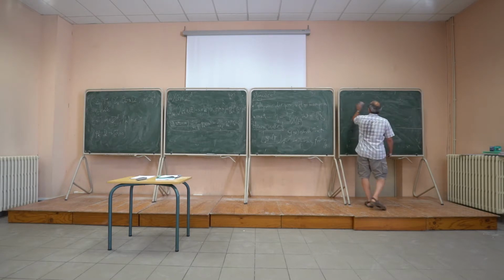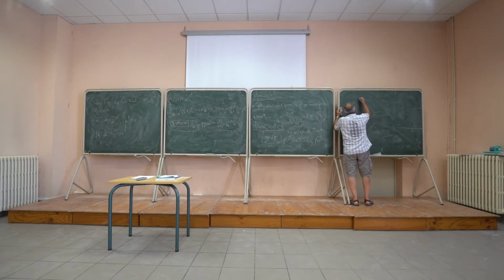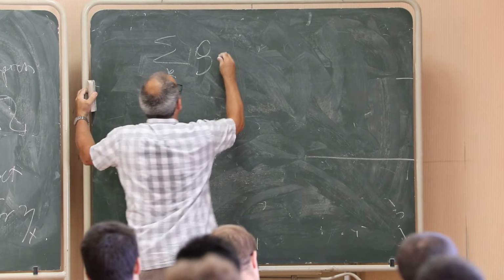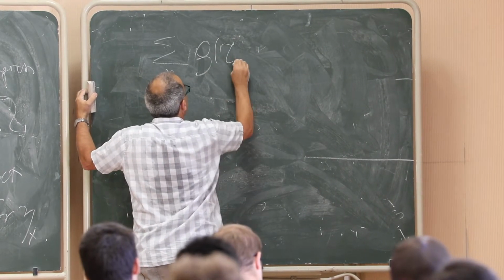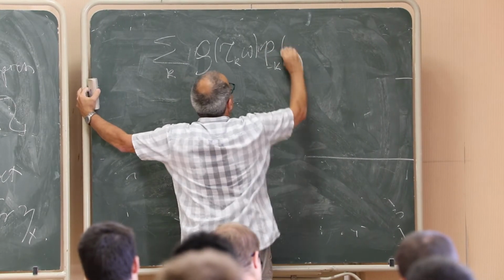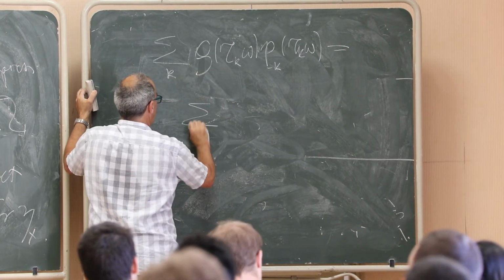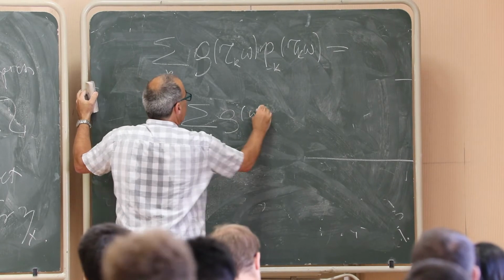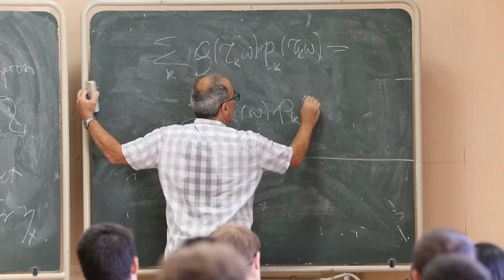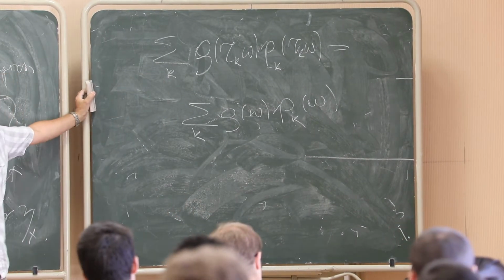You have to solve the following equation: sum over k of rho tau k omega p minus k tau k omega equals sum over k of rho omega pk omega. So this is the equation to be solved.